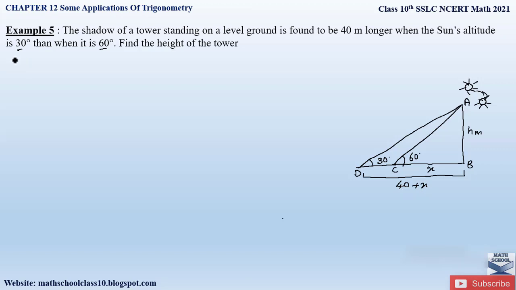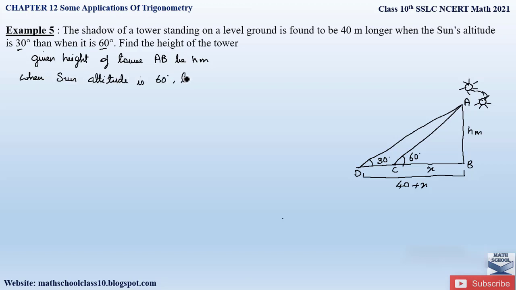Let us write down: given height of tower AB be h meter. When sun's altitude is 60 degree, length of shadow is x meter, and when the sun's altitude is 30 degree, length of shadow will be x plus 40 meter.